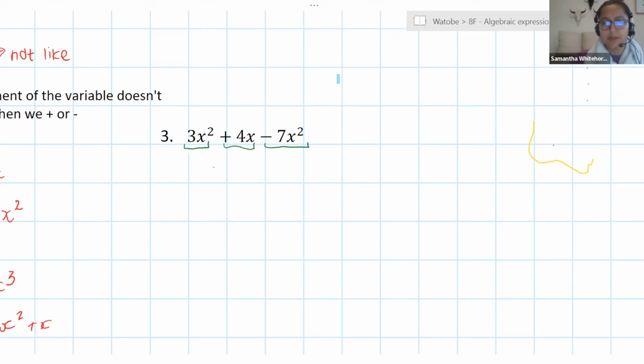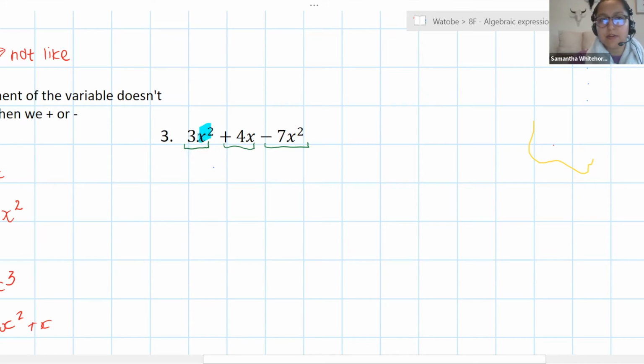Right, so let's simplify that. I want you to go and add the like terms and get me an answer for a simplified expression. Okay, now if we have a look at our like terms, remember same exponent and same variable.